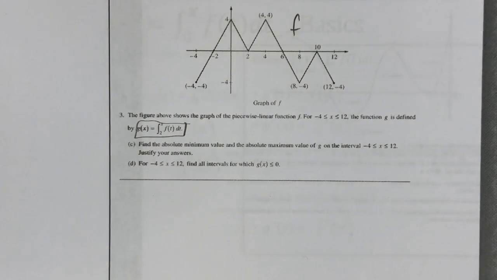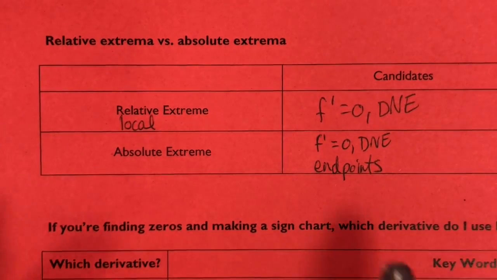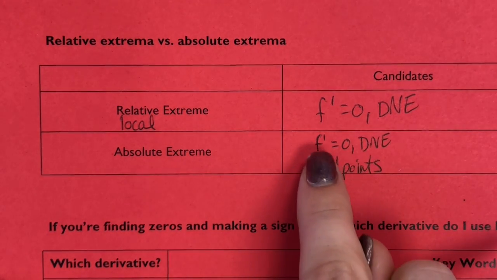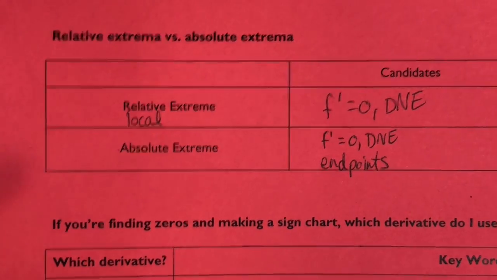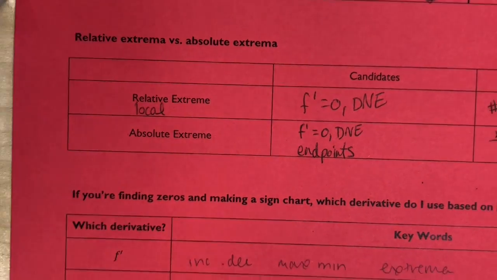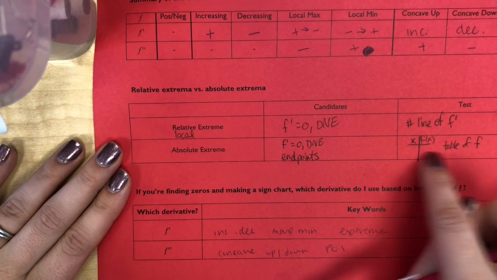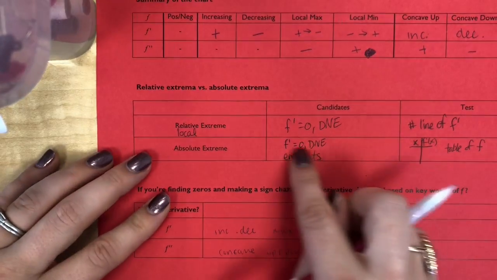Justify your answers. We know absolute min and max problems are fairly long-ish. For absolute extrema, we have these candidates where the derivative equals 0 or does not exist, and the endpoints. And then my test is to make a table. So that's what I'm going to do.